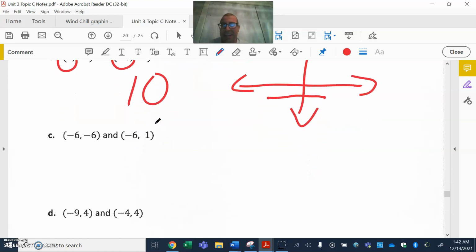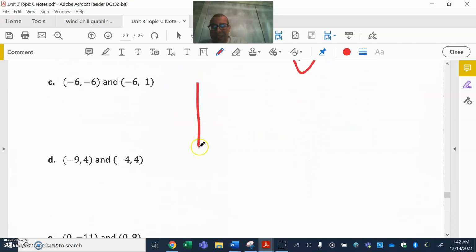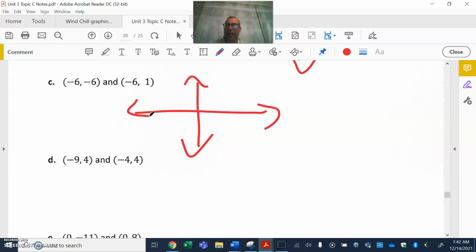All right, let's try another one here. Again, we're sketching down our XY axis. If I plot the ordered pair -6, -6, I'm going to go to the left to -6 and down to -6. Put a point. The next ordered pair also makes me go to the left to -6. I'm going to go the same distance, and then I'm going to go up to 1. Because our line's going up and down, we are talking about a vertical line, which is just like your y-axis, which means we're going to use the y coordinates.